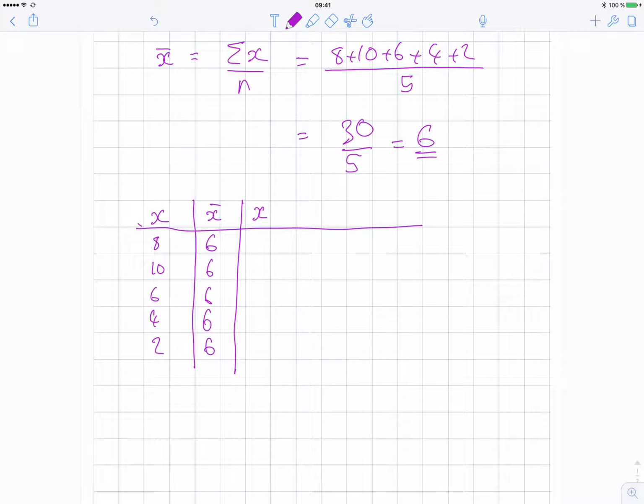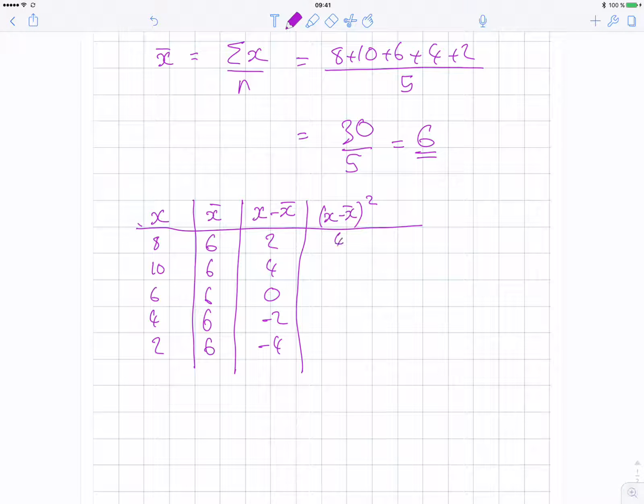So I now do x minus x bar. So 8 minus 6 is 2, 10 minus 6 is 4, 6 minus 6 is 0, 4 minus 6 is minus 2, 2 minus 6 is minus 4. If you sum up this column, you get 0. So therefore we need to force the numbers to be positive. And the only way to force the numbers to be positive is to square them.